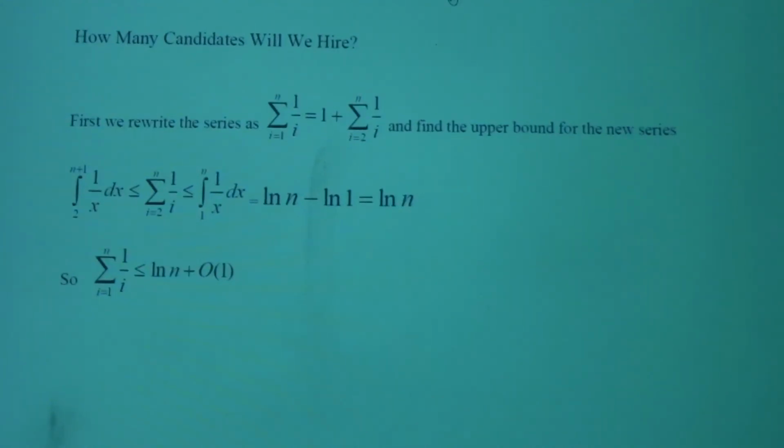So how can we make this fit our mathematical model? We could tell them, send us the 25 names, and we'll tell you the day before who we want, and we'll randomize the order. Okay? And that way, we're going to hire approximately 3 people out of 25. So ln n is the result.